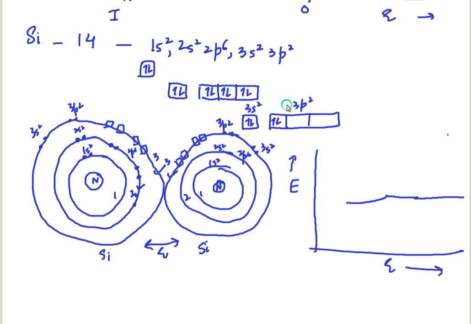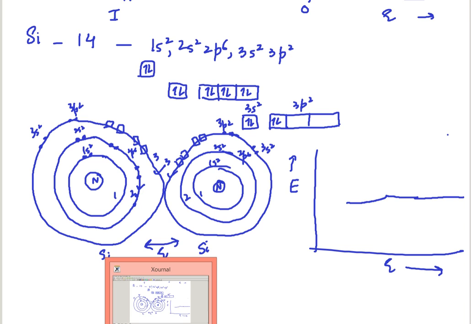Now, let us take the case of silicon. In the outermost shell, how many orbitals are present? 1, 2, 3, and 4. 4 orbitals, and 4 orbitals can occupy how many electrons? 8.